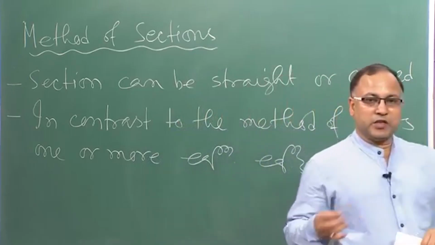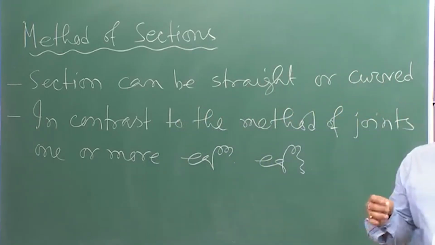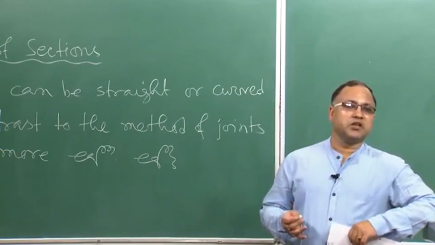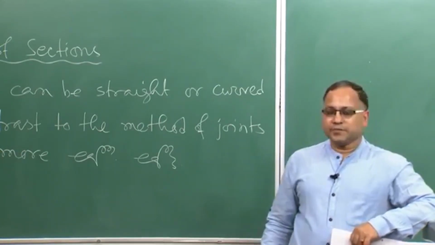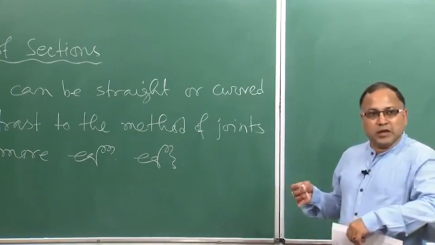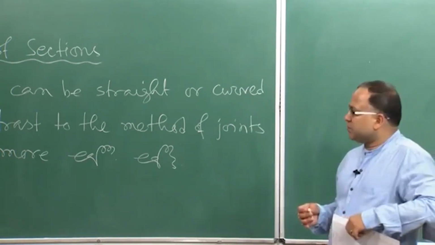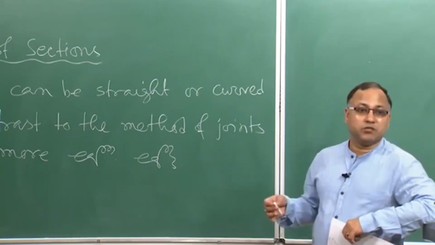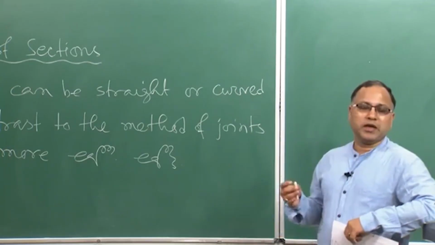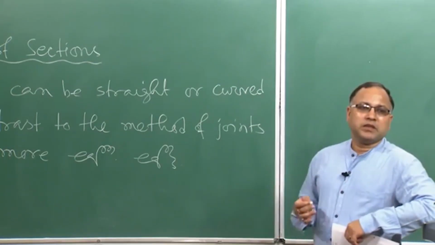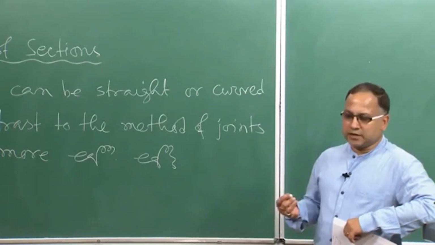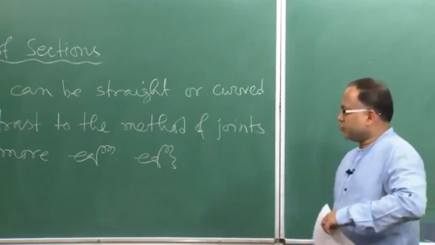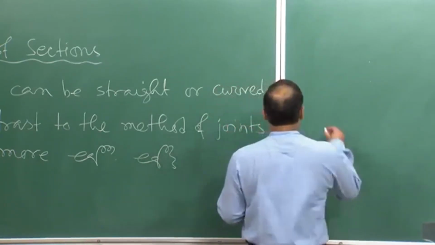In method of joints you have used equilibrium equations, considering the equilibrium condition at each and every joint. In contrast to that, in this method you may have one or more equilibrium equations. We will see later on that you can exploit the equilibrium condition with respect to the moment also.